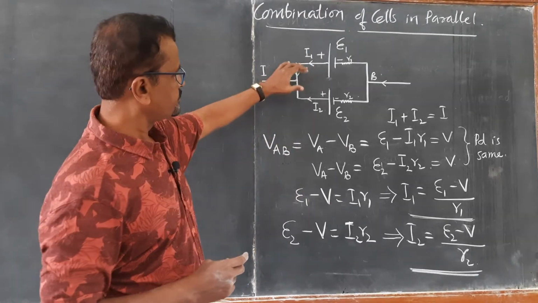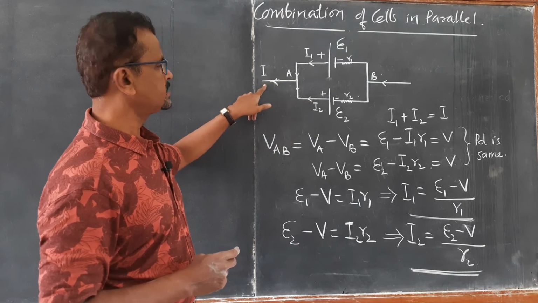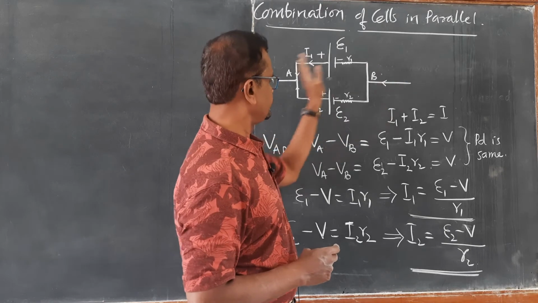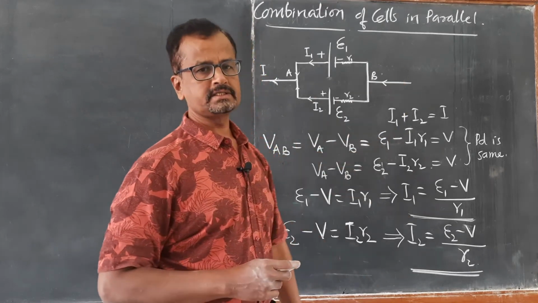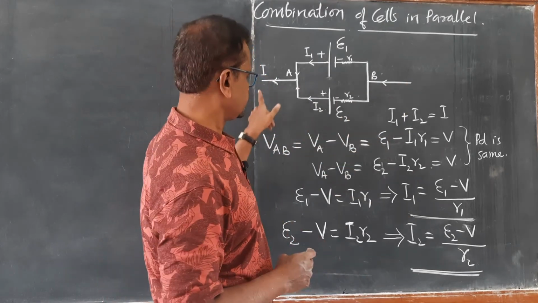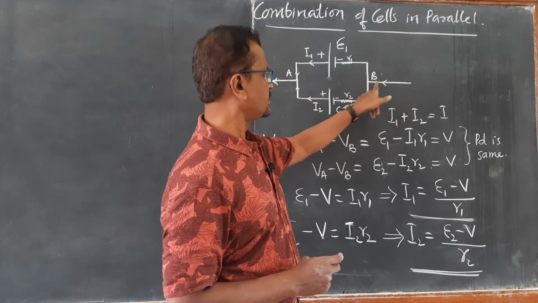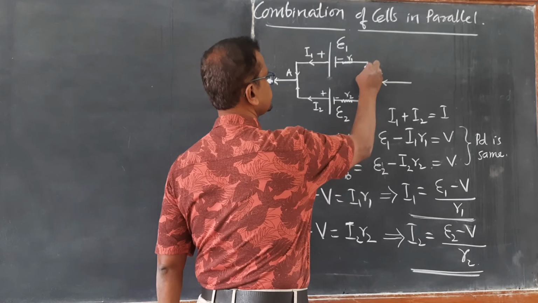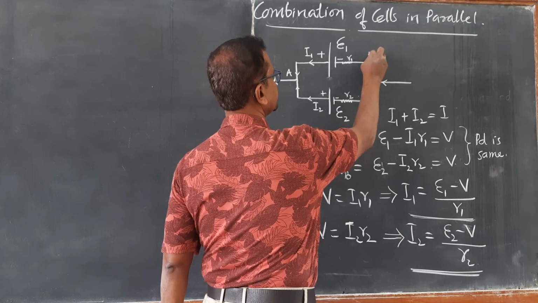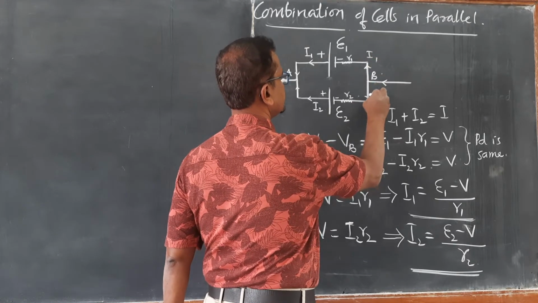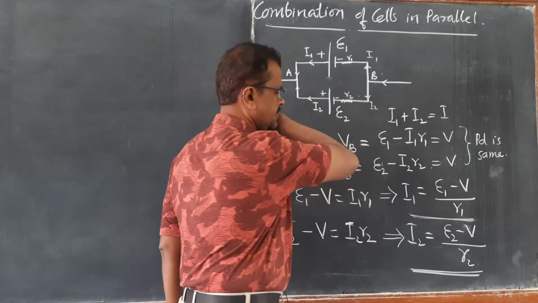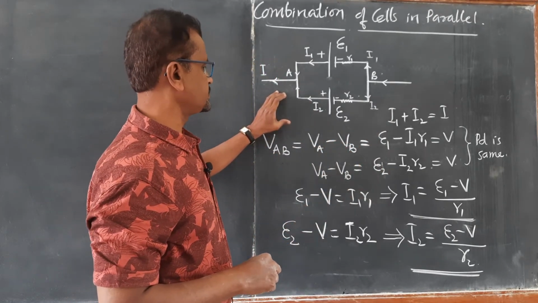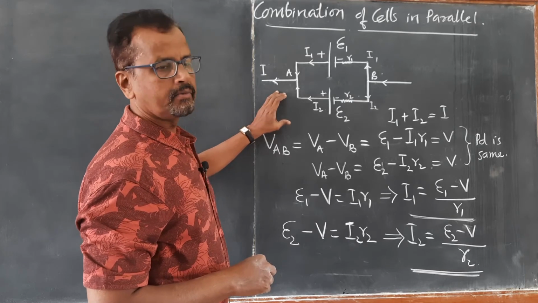The number of charges flowing per second add up, and it becomes I equals I1 plus I2. So if it is connected to any external resistance and the circuit is completed, the same current I, after coming here at B, will be divided into exactly I1 here and I2 here, right? Now this is the circuit symbolic representation of the parallel combination.